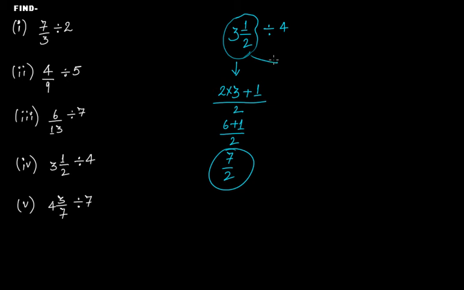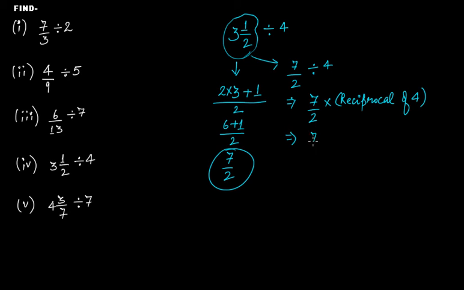So this is 7 over 2 divided by 4. Solve for this. So this will be 7 over 2 multiplied by the reciprocal of 4.